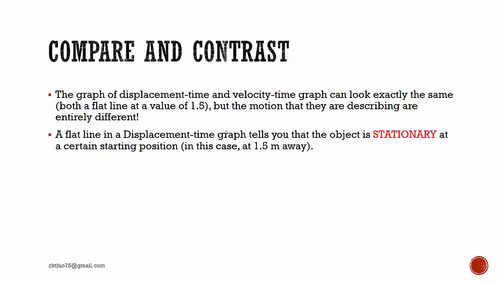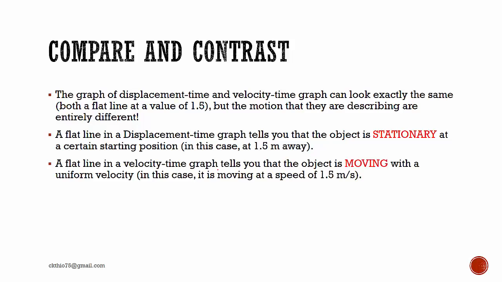A flat line in a displacement time graph tells you that the object is actually stationary at a certain position, which is 1.5 meters away from the origin. But a flat line in a velocity time graph is telling you that the object is moving with a uniform velocity, so it's moving with a speed of 1.5. Even though the shape of the graph looks exactly the same, they are telling you that the object is behaving differently.